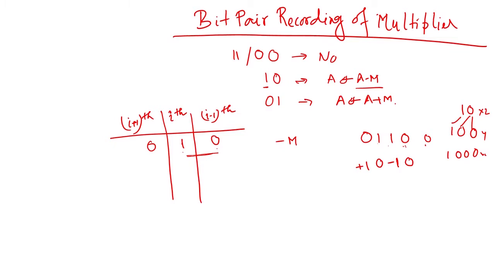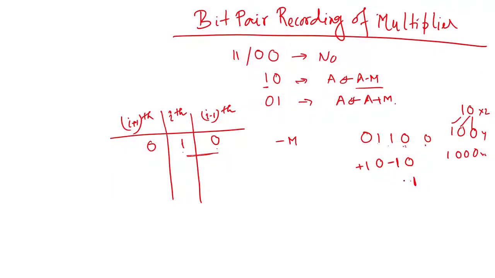So if we consider this bit position, the minus 1 is, with respect to this position, actually multiplying by 2 at this bit position, so it is nothing but minus 2 m.